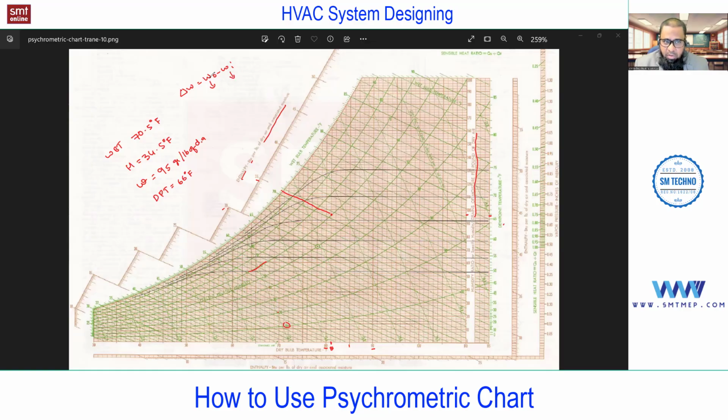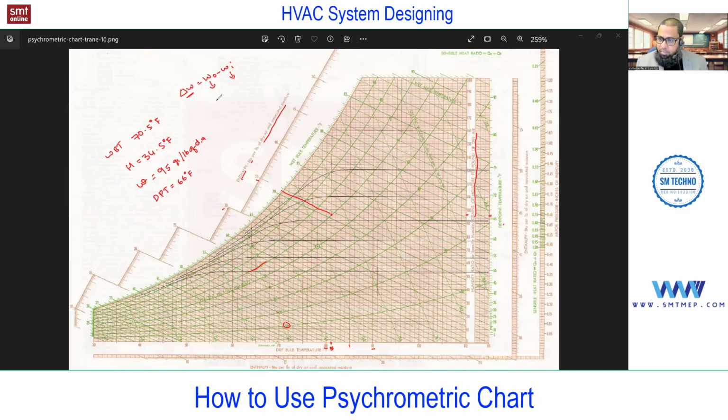WO we can find out with the outside two conditions like dry bulb and wet bulb. WI we can find out with the inside two conditions like dry bulb and RH. RH we are maintaining at 50%, na? So one can find delta W, which can be used to find the latent heat gain through ventilation and infiltration. This is an example, but don't worry, we'll do the calculation at the time of load calculation.